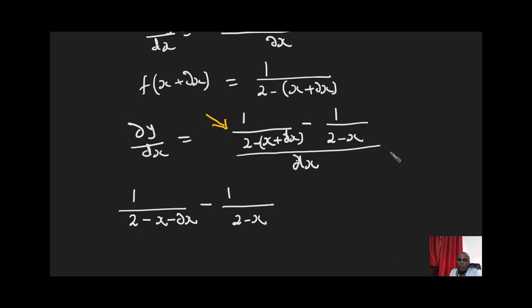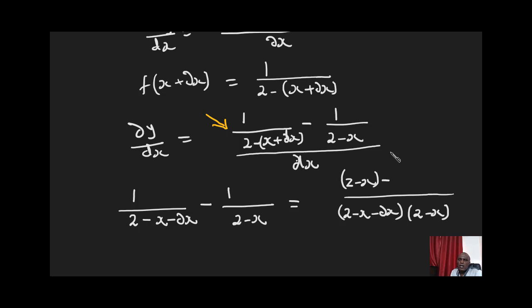So when we compute this, the numerator is 1, and the LCM for the denominator here is 2 minus x minus dx multiplied by 2 minus x. You divide the denominator by 2 minus x minus dx, you get 2 minus x.